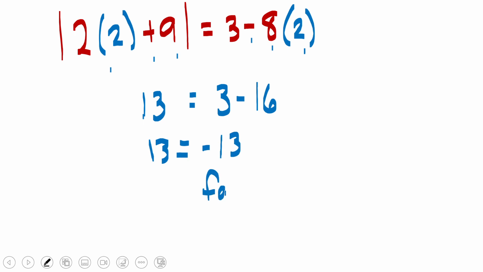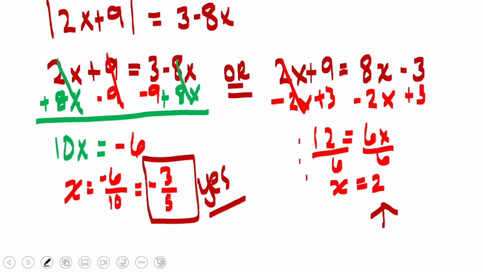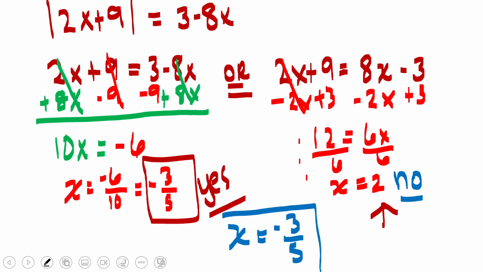That is false. So, no, this is not a solution. For this problem, x only can equal -3/5 for our final solution. So that's why the check's important. It looks like it could be a solution, but it really is not.